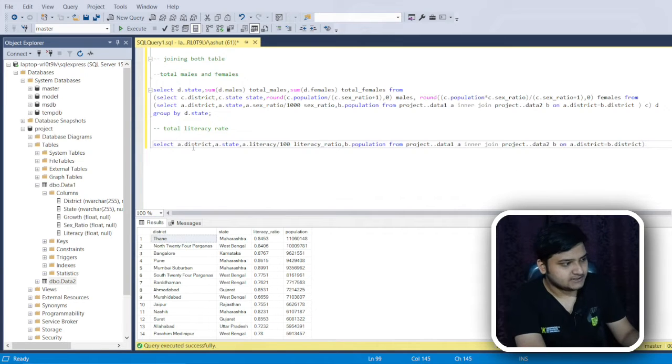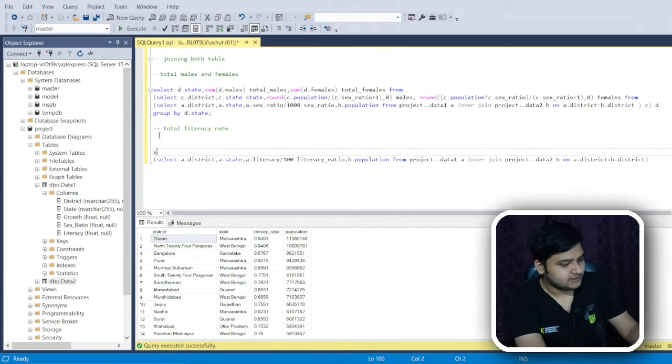Let us use as the subquery whatever we have done in our previous problem, and we'll do the same thing. So I would do select district, state, literacy ratio into population.